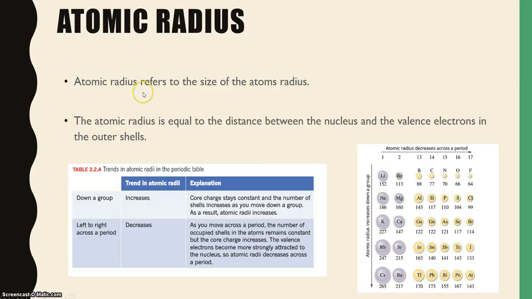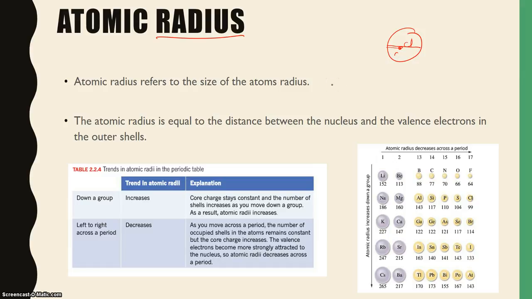Atomic radius. A radius, as we probably know from mathematics, refers to the distance between these two objects here. So here's a circle, and this is the diameter, the entire distance, and then half of that distance would be the radius. The radius is the size of the atoms.